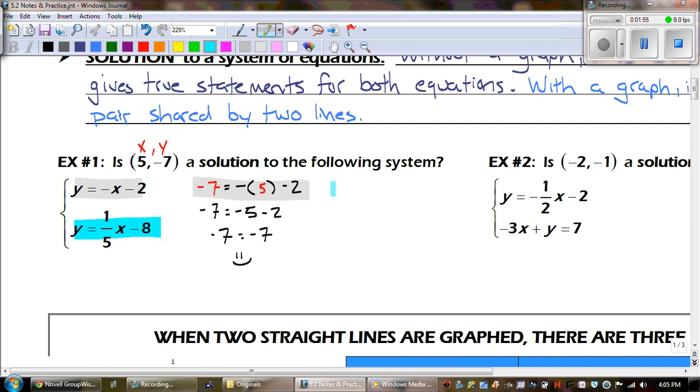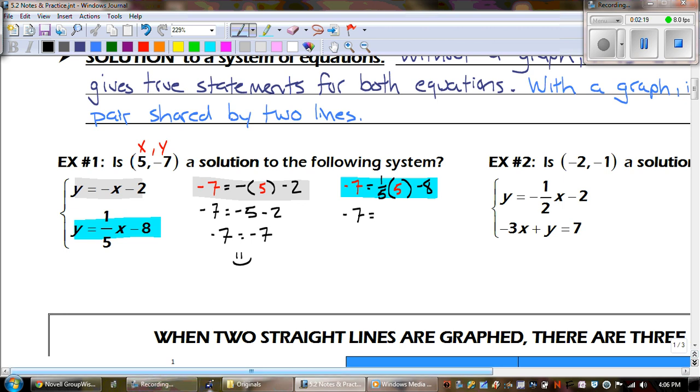But we have to check both equations. Once again, y is -7 equals 1/5 x, which is 5, minus 8. The first thing we need to know is 1/5 of 5.